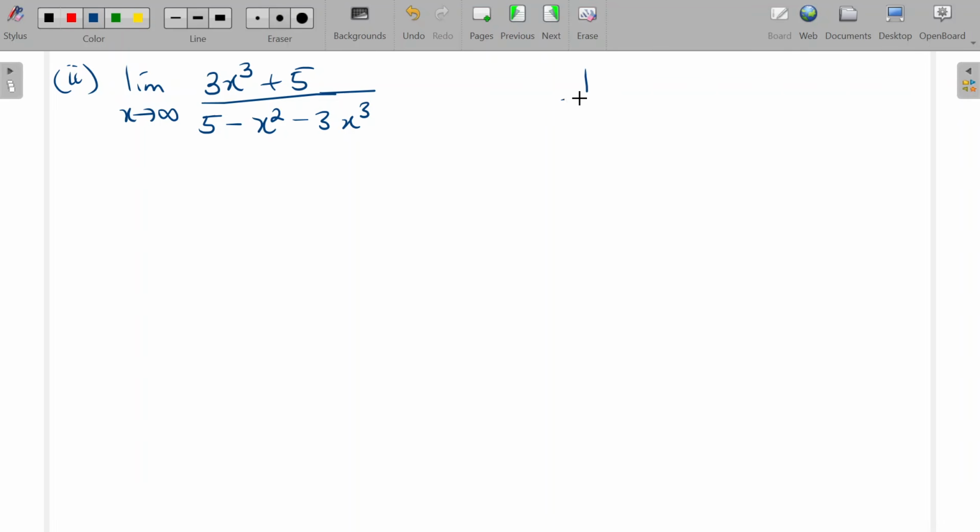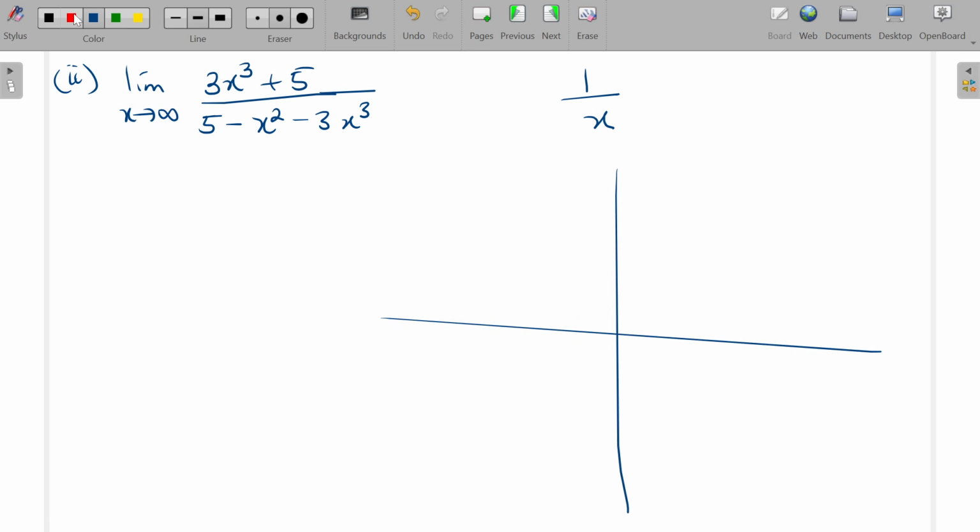When you have 1 over x, this one is what? How can I say it? Let's talk about this one, it's a rational function, right? So if you try to sketch this one as a rational function, you're going to have this.